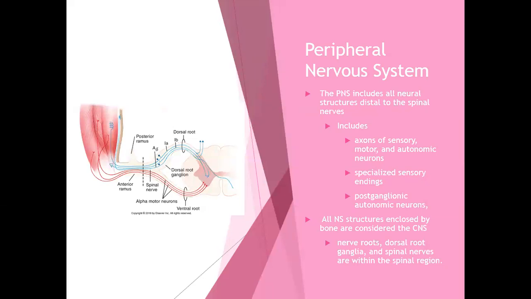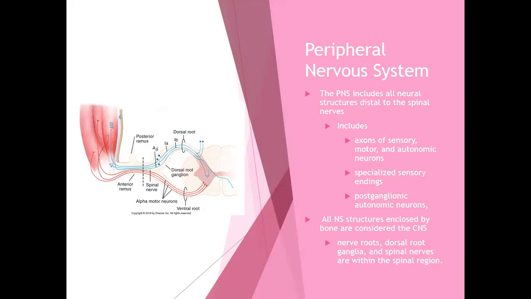Examples of peripheral nerves that we've met before include the median nerve, the tibial nerve, and the sciatic nerve. The axons of cranial nerves are peripheral nerves, but they're the peripheral nervous system of the head, and so we talk about them separately. All the nervous system structures enclosed by bone are considered parts of the central nervous system.